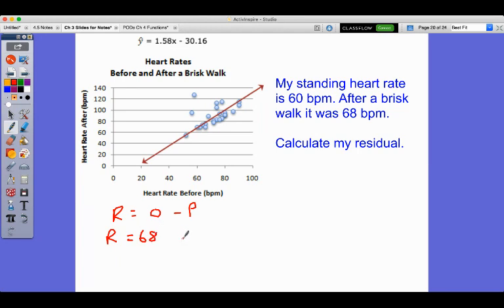The predicted needs to be gotten by my prediction equation. So we'll do Y hat equals 1.58 times my X value, which is 60, minus 30.16, and I get 64.64.